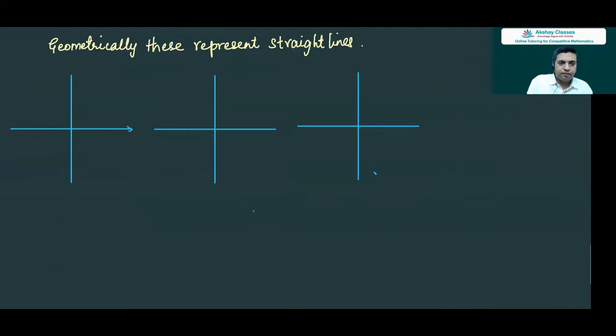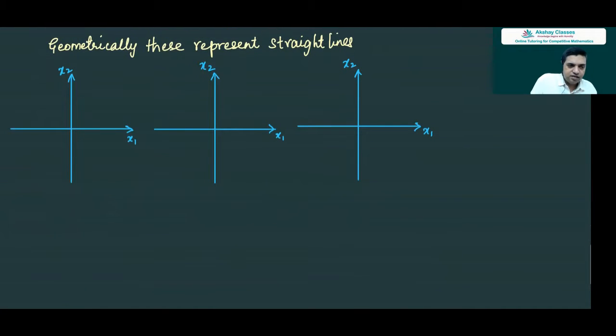So x1 on the x-axis, x2 on the y-axis, x1 and x2. So x and y basically. So we have these three cases. Now the first case is that delta is not equal to 0. That means, what is delta?